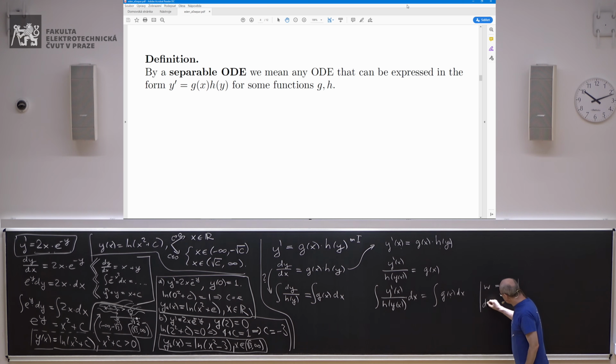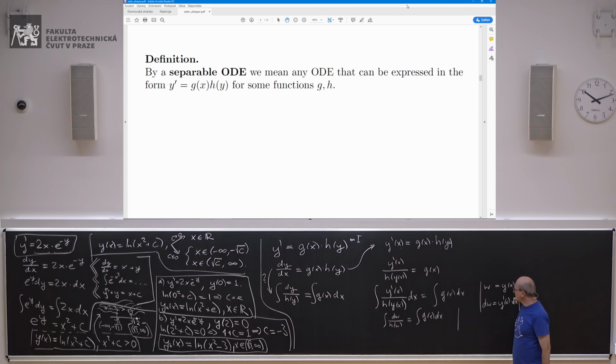What is dw? dw is the derivative of y times dx. And remarkably enough, this exactly fits with my picture. So what I get here is dw divided by h(w). And this is supposed to be the integral of g(x) dx.